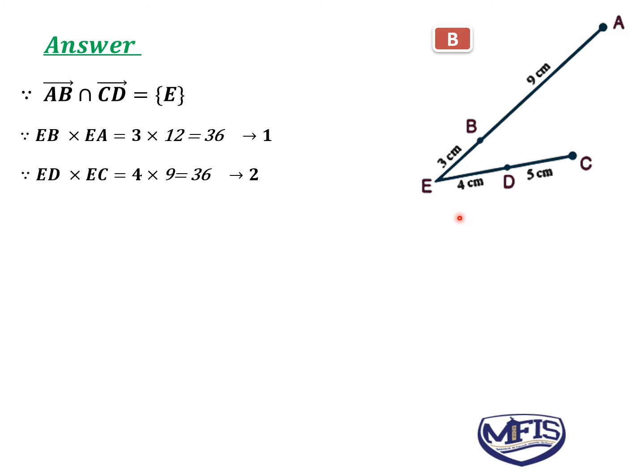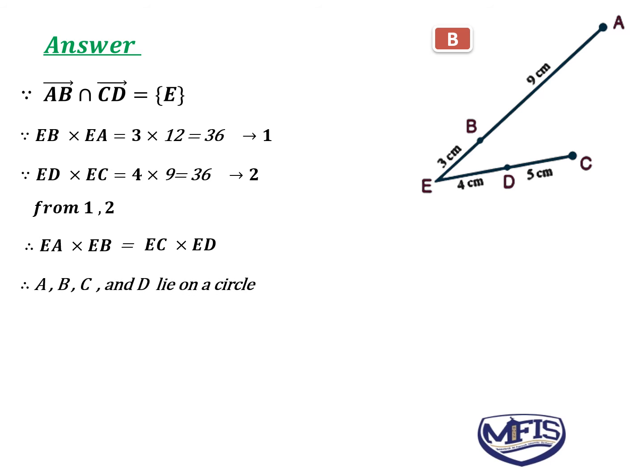So ED times EC, 4 by 9, will be 36. And this is number 2. From 1 and 2, we have EB times EA equals ED times EC. Then the points A, B, C, and D lie on a circle.